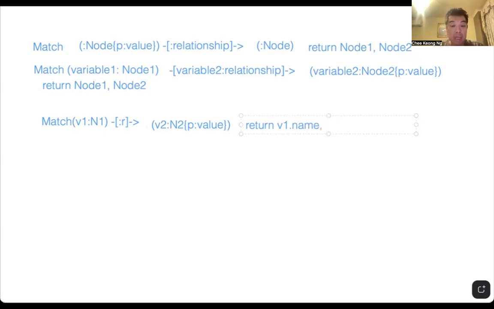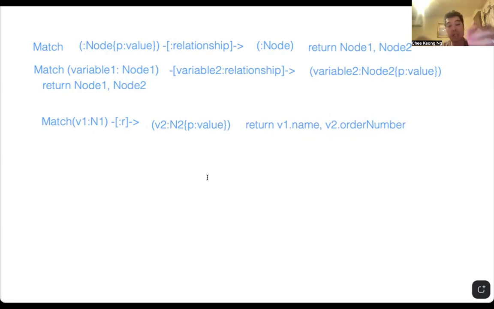And then I want something from variable two as well. Let's say variable two will be order, order number, just to make it a bit more realistic. And that's it.